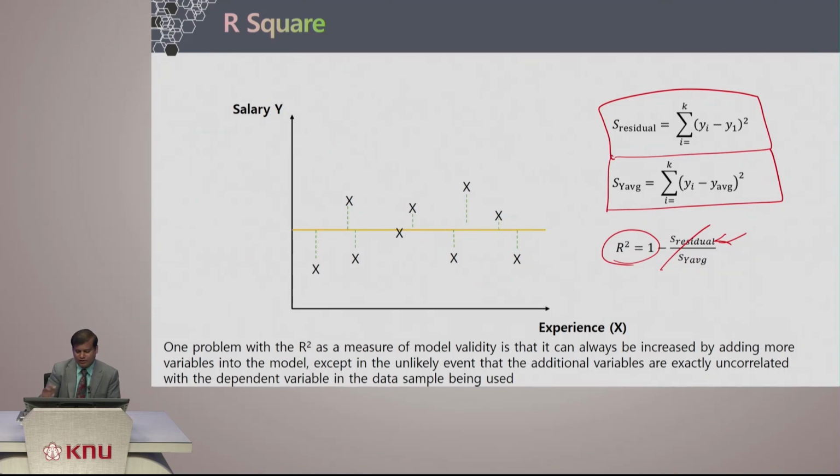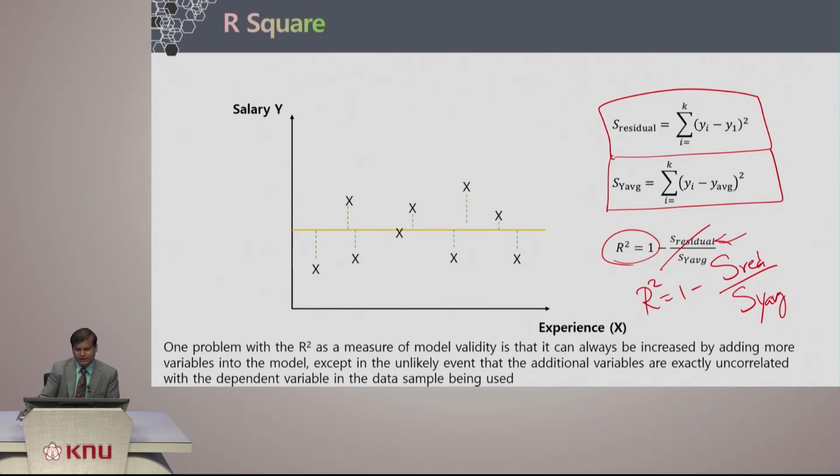So for example, we have R square equals 1 minus residual divided by the total sum about the average.